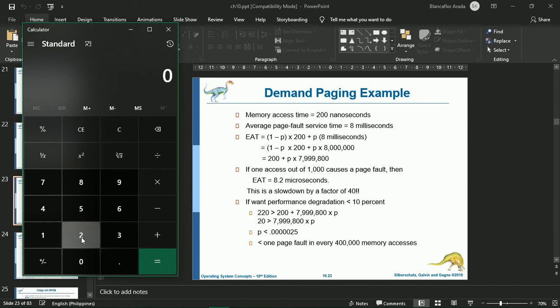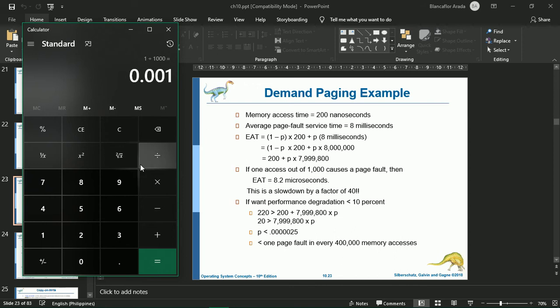So 200 plus P times 7,999,800. It says here, if one access out of 1,000 causes a page fault, then our P here will be 1 divided by 1,000, so we have 0.001, and this will be our P.